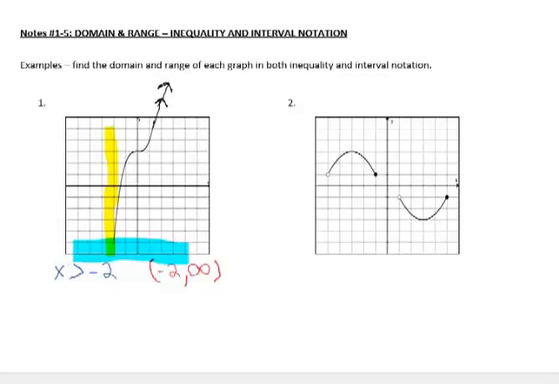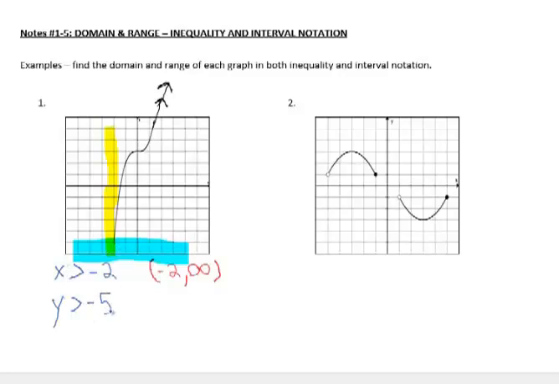So for the range in inequality, we're going to say that y is everything, well, it's getting bigger, it's going up and up and up, so that must be everything greater than, and what is that y value? -1, -2, -3, -4, -5.